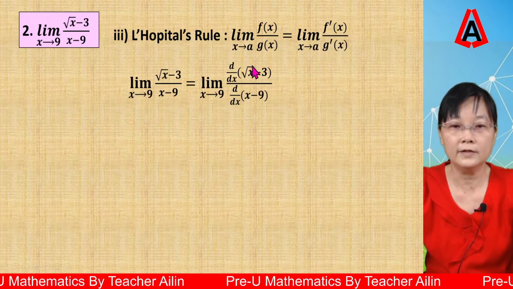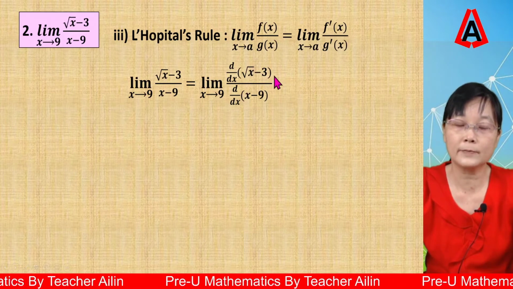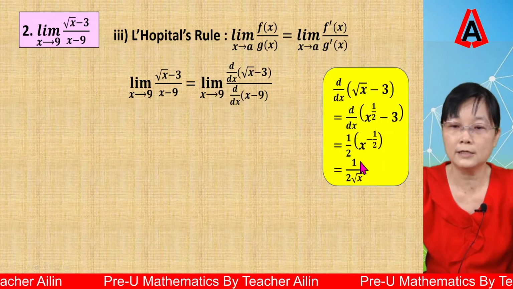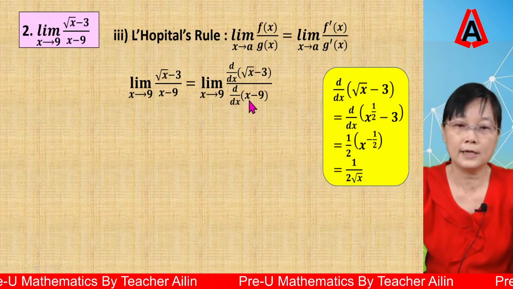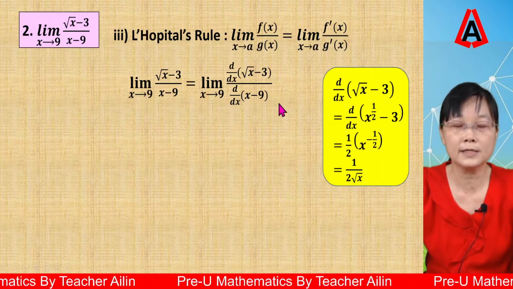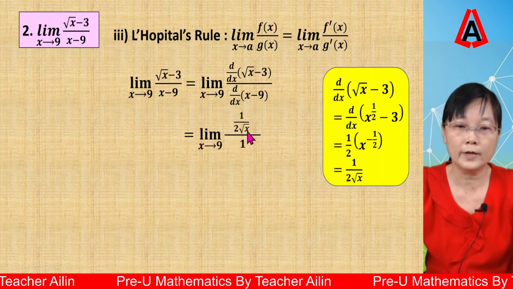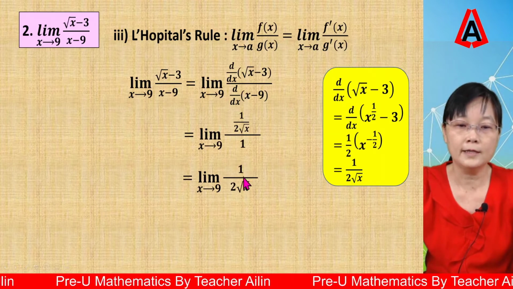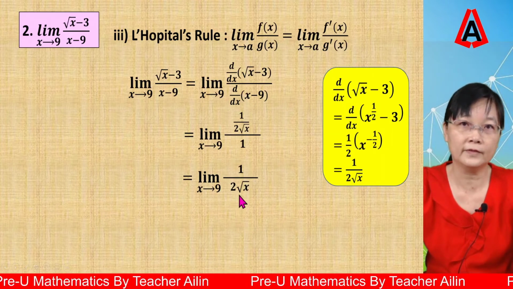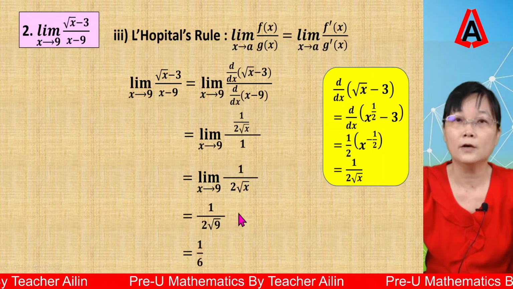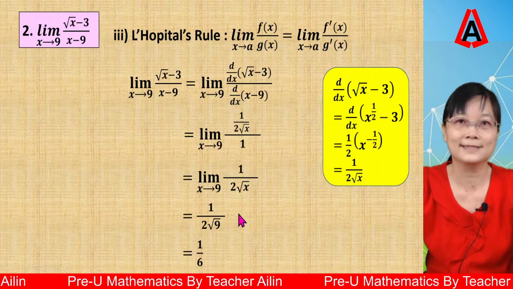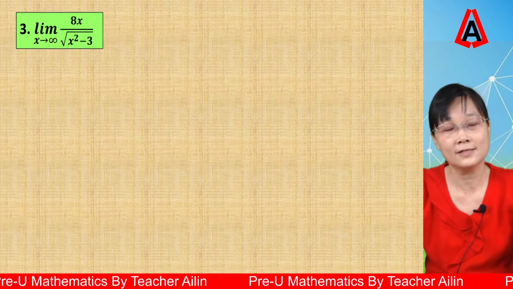So, the derivative of square root of x minus 3 is equal to 1 over 2 square root of x, and the derivative of x minus 9 is 1. So, when I simplify and I substitute the x with 9 for the second time, then I'll get the answer 1 over 6.